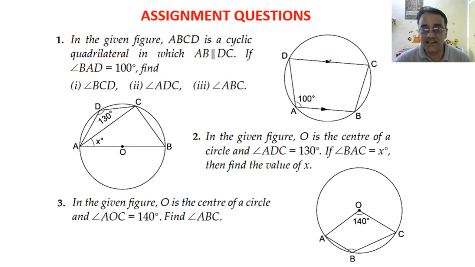It is given that these two are parallel. In the second question you have to find x degrees, the value of x. And in the third question you have to find the angle ABC. All the 3 questions are clear?